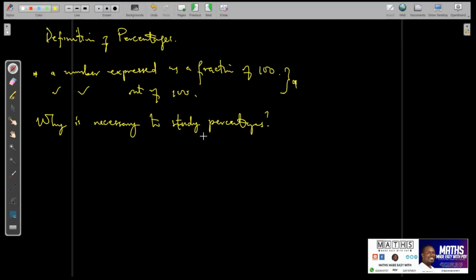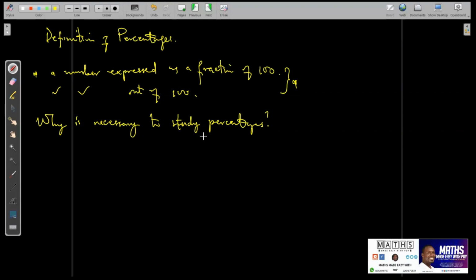It makes it easier for the layman to know that this person has won the race. So it's simply helping us to express larger numbers in smaller quantities. That is one major reason why percentages are very important to study.